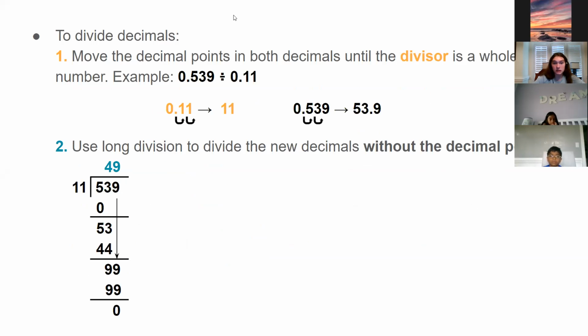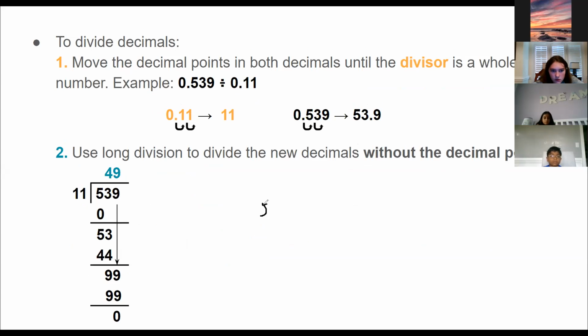Dividing decimals is a little more tricky. So if we're dividing decimals, okay, so we've got 0.11 and 0.539. The first thing we need to do is get rid of the decimal point.